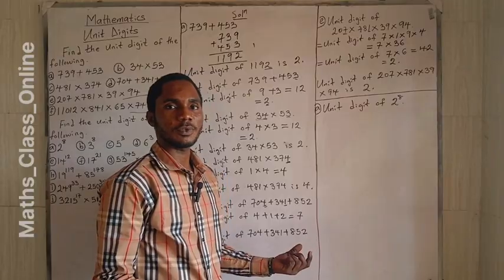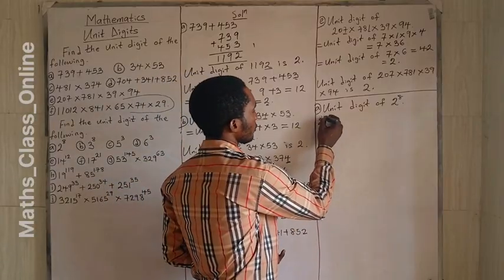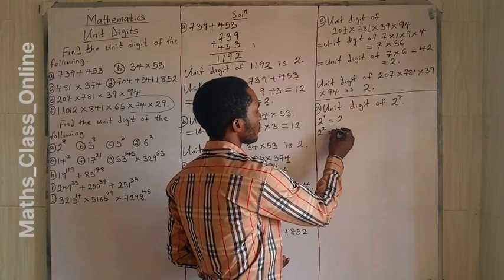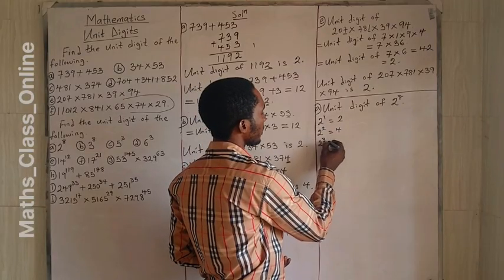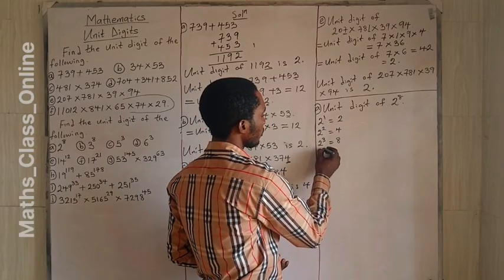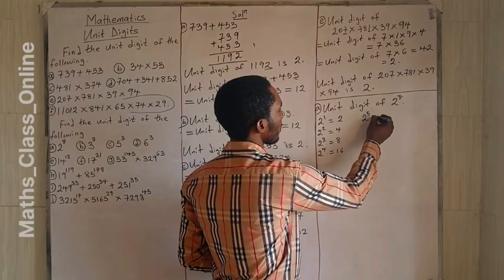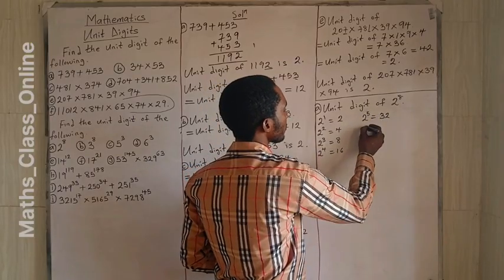What is 2 raised to the power of 8? 2 to the power of 1, that is 2. 2 to the power of 2, 4. 2 to the power of 3, 8. 2 to the power of 4, 16. 2 raised to the power of 5, 32.